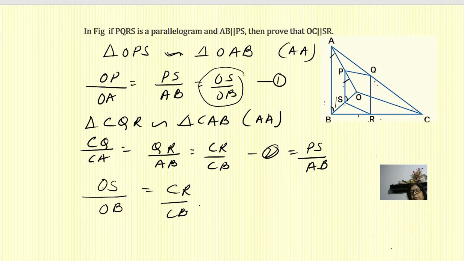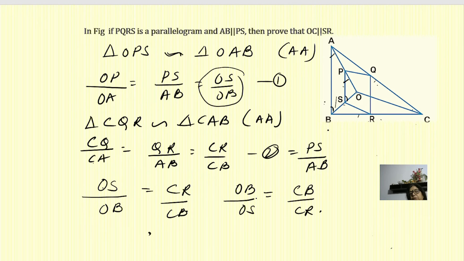So OS by OB is equal to CR by CB. This is what we are getting here. If we reciprocate it, we get OB by OS is equal to CB by CR.